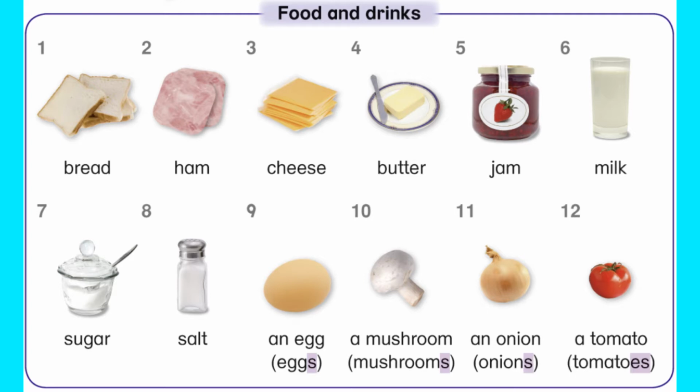Let's start. Number 1. Bread. Good. It's uncountable. Number 2. Ham. You're right, it's uncountable. Number 3. Cheese. Yes, it's uncountable again. Number 4. Butter.